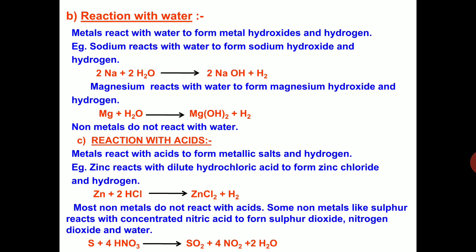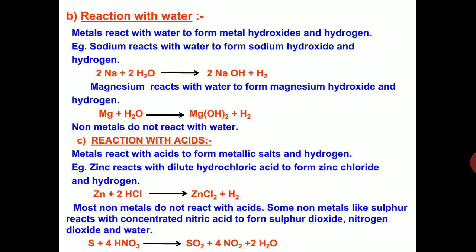Then we learned about the reaction of metals with water. Metals also react with water to form metal hydroxides and hydrogen. For example, sodium reacts with water to form sodium hydroxide plus hydrogen. So we can write 2Na plus 2H2O gives 2NaOH plus H2.